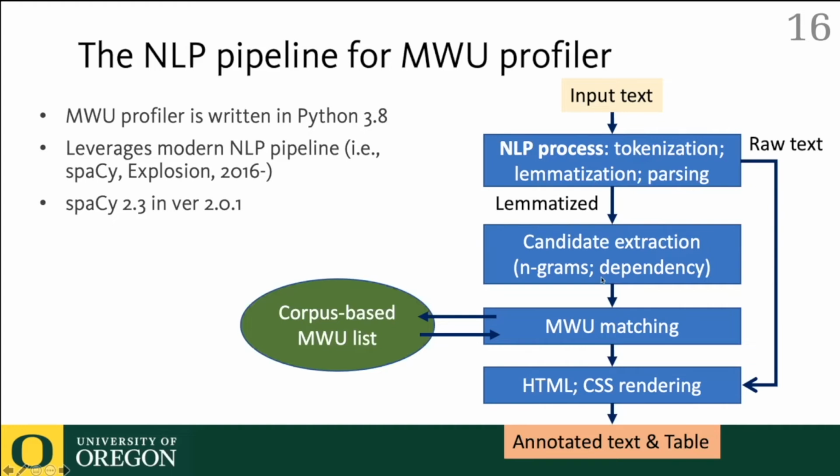And in the third stage, items are matched against the empirically based multi-word units, and it returns whether each is in the list or not. And then it will render into an HTML file for the visuals, and that is returned to the users. So let me talk about each.